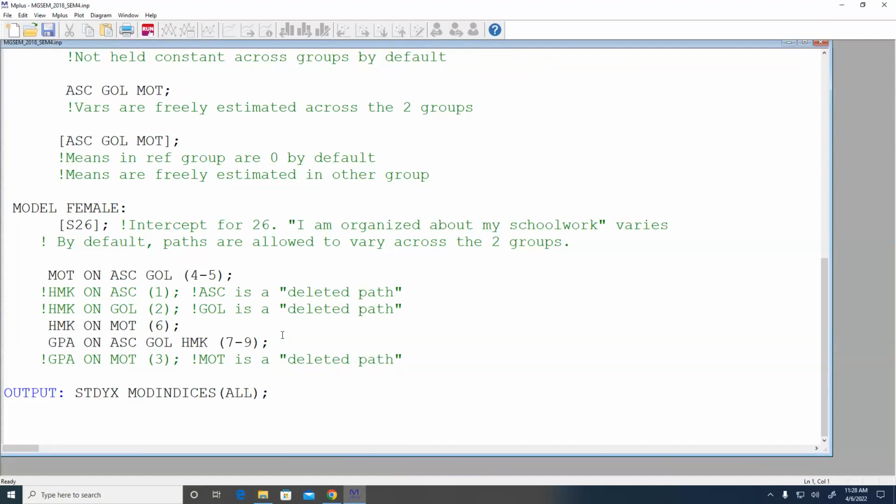But if I put this line in the model female without putting any kind of labeling of the parameters and giving them the same label, then I'm allowing them to be different across the two groups. It is the process of putting in this line in conjunction with giving the parameter the same name above and below that constrains them to be equal. Yeah? Okay.